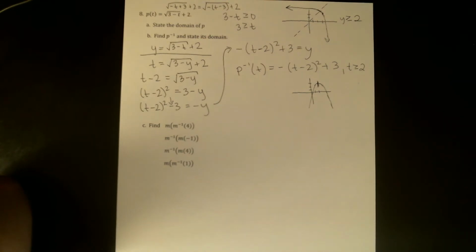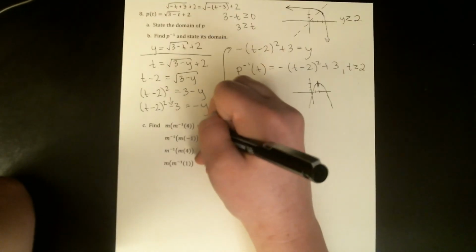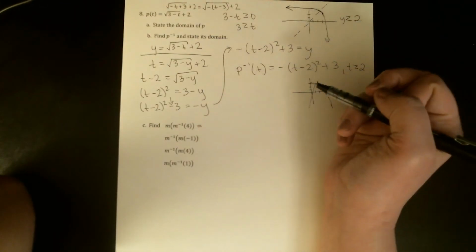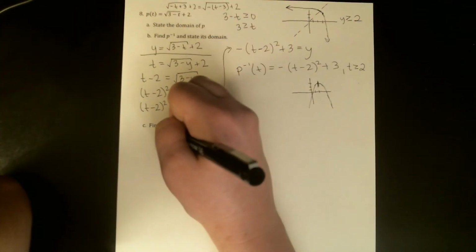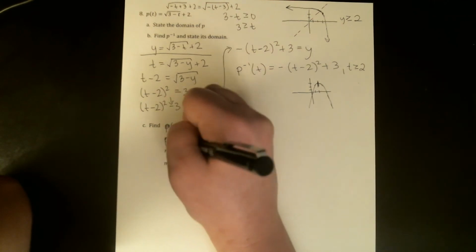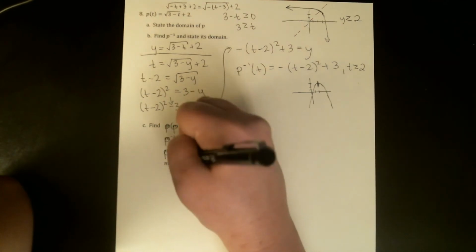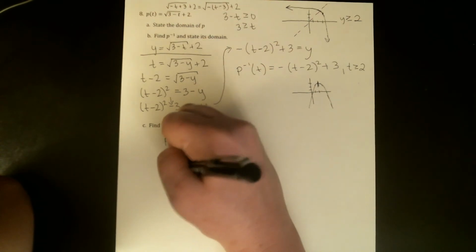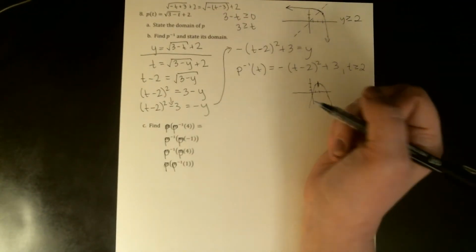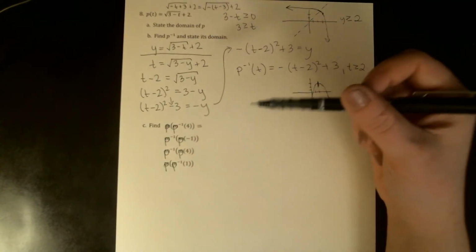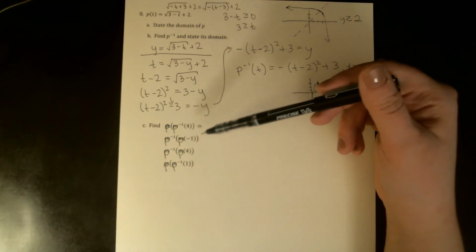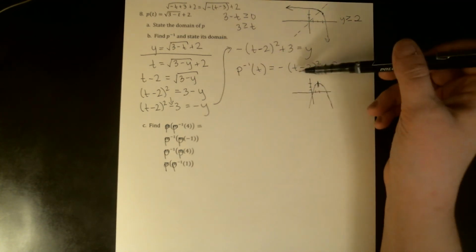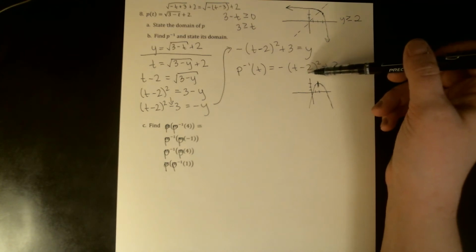Okay, the other thing I want to do with this one is just look at a few values. So if we find p of p inverse of 4. Okay, so p inverse of 4, we're doing a baby check here. We're not fully checking the equations, but we're checking a couple of values. If I plug in a 4, I get 4 minus 2, which is 2.